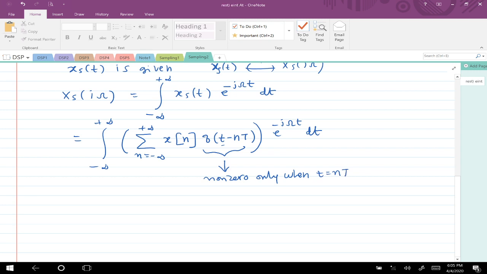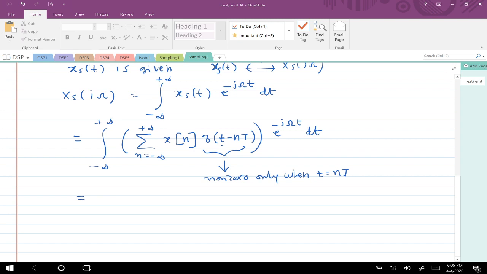T is a capital T, a constant, and n is an integer multiple, so that is there within the summation. So I could simply get rid of this integral and substitute nT in place of t, correct?